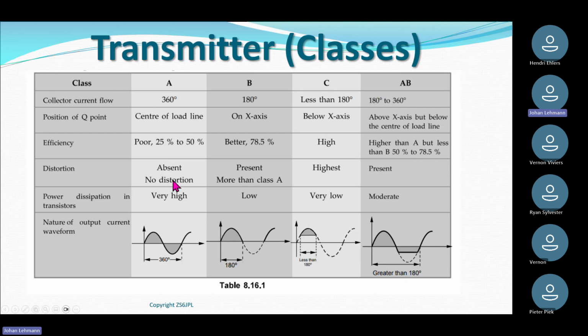There is generally no distortion on a class A amplifier, and let's say it's 50% efficient. If I put 100 watts of energy into my antenna, it means that my power transistors, the semiconductors in my amplifier, need to dissipate 100 watts in energy or in heat.